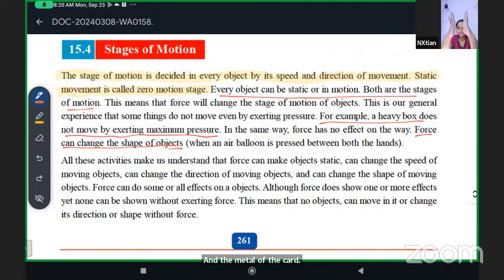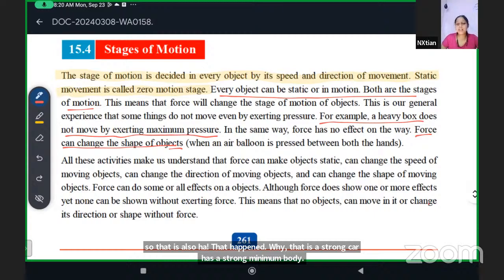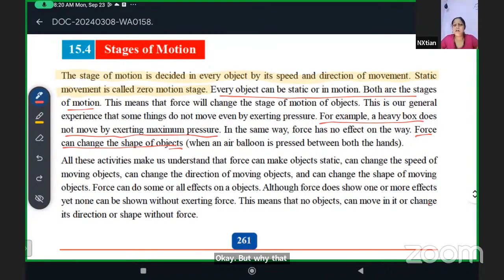Why? A car has a strong metal body, but it shrinks where it was bumped. Why? Because a very strong force is applied to that part of the car.